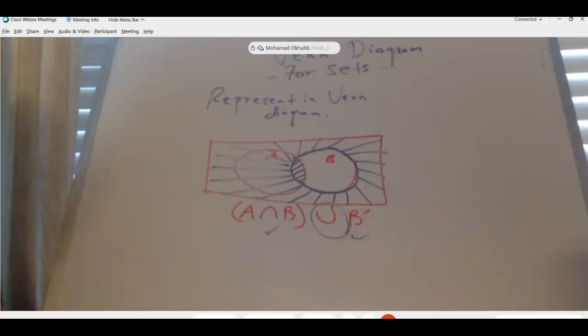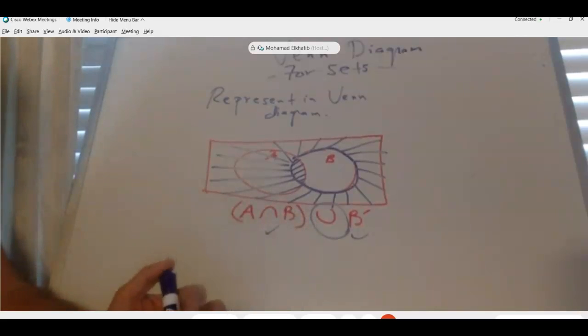You want to write it down? Why don't you write it on your notes, class? Everybody, write it down. I'm going to read it to you slowly. For union, the solution will be all the shaded parts.